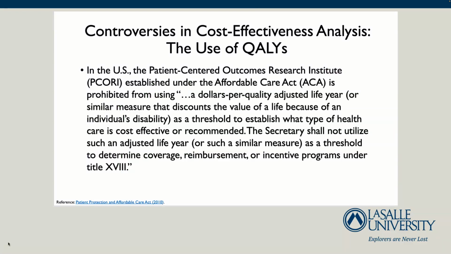So, for instance, in the US, the Patient-Centered Outcomes Research Institute, which was established under the ACA, is not able to use a dollars per quality adjusted life year or similar measure that discounts the value of life because of an individual's ability as a threshold to establish what type of healthcare is cost effective or recommended. And this is just one of many controversies surrounding the use of cost effectiveness analysis in the healthcare sector.